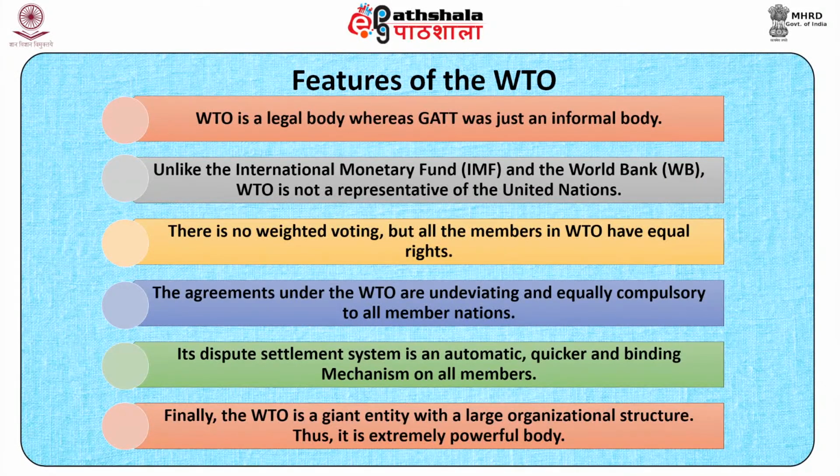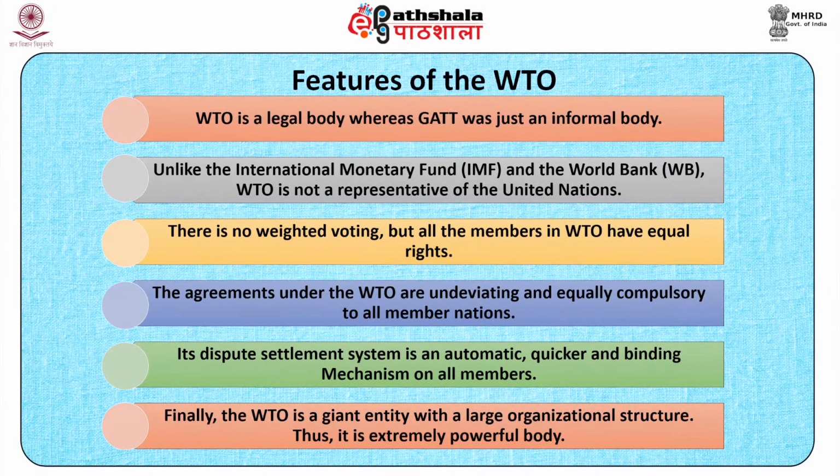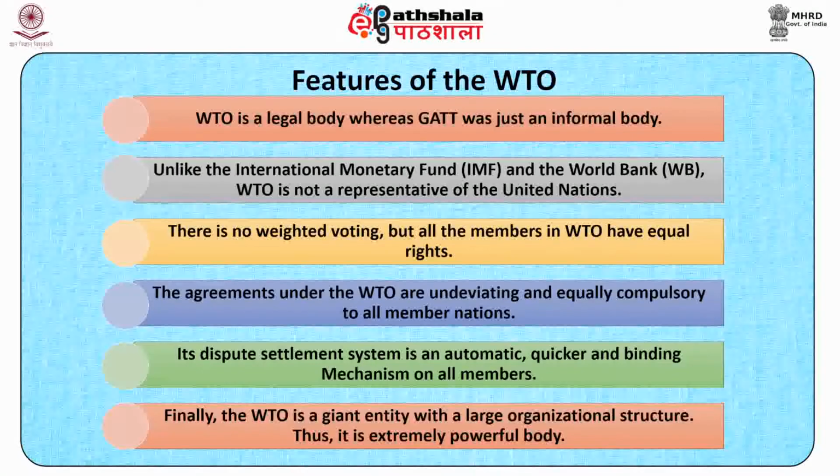There is no weighted voting, but all the members in WTO have equal rights. The agreements under the WTO are undeviating and equally compulsory to all member nations. Its dispute settlement system is an automatic, quicker and binding mechanism on all members.